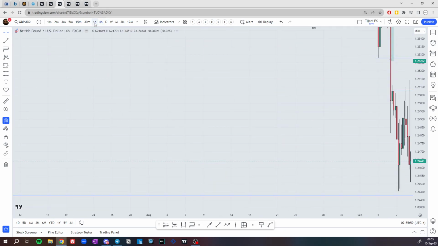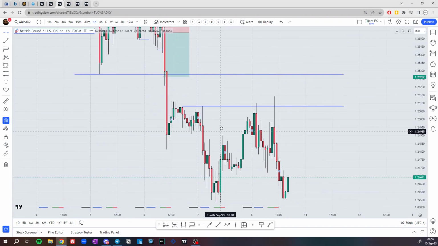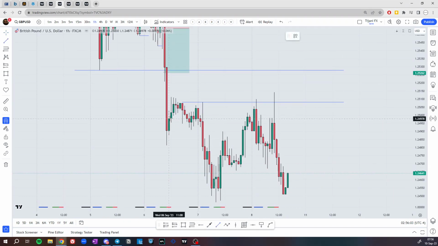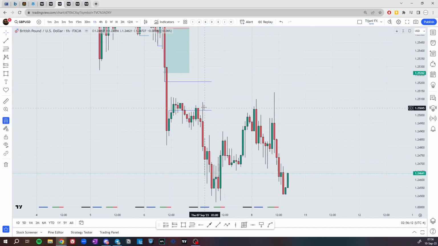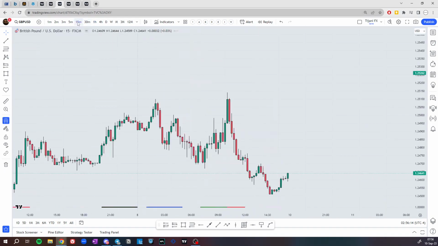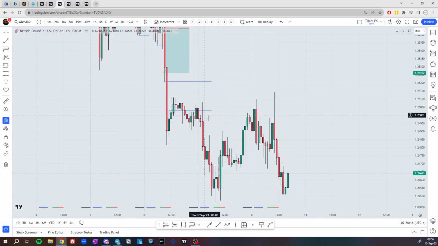On the 1-hour time frame, we see price has retraced to this fair value gap here, right? Then price checking this high here, closing as a reversal candle.